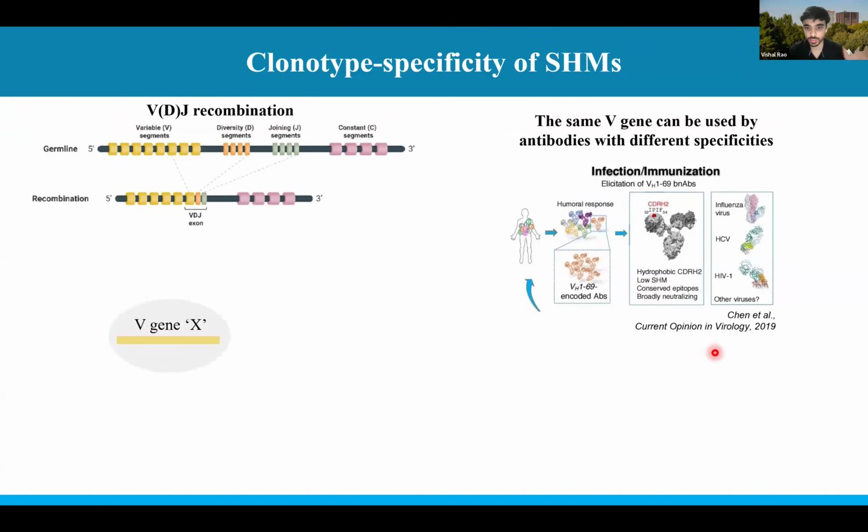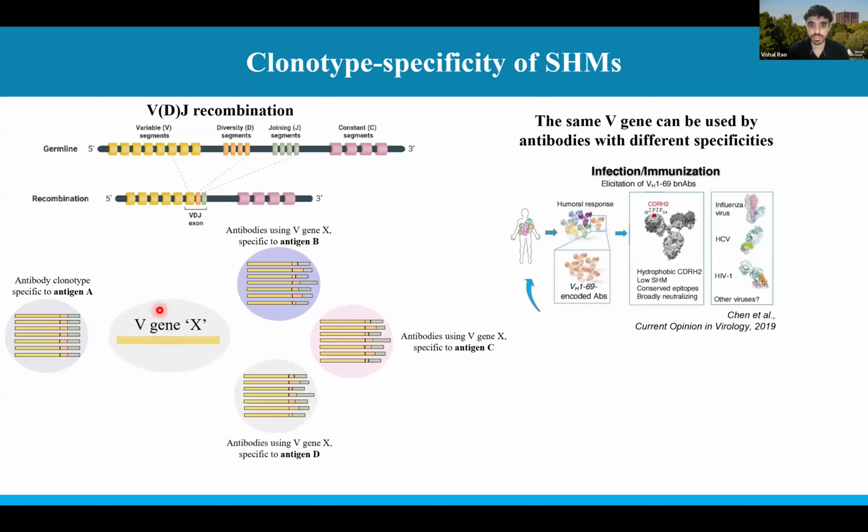So let's, for one, consider such a highly functional V gene, X, and let's say we have an antibody clonotype specific to antigen A. So here you're restricting the V, D, and J genes. And on the other hand, let's say you have these three categories of antibodies against antigens B, C, and D that still use the same V gene but can have their own junctional gene pairings that render specificity to those particular epitopes.